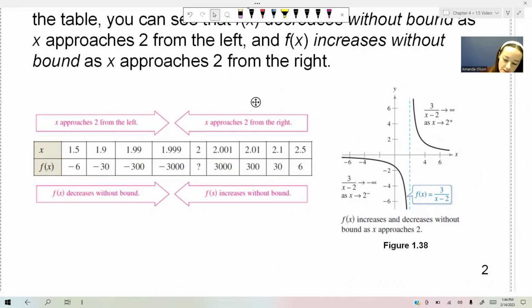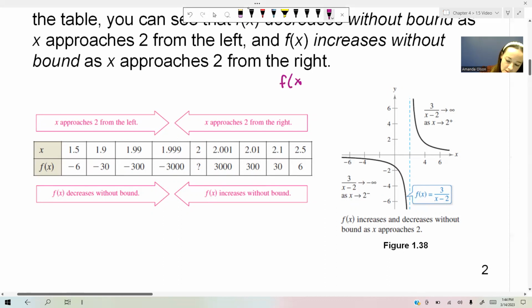So in this specific example, we're looking at the function f of x equals 3 over x minus 2. And we're considering what happens as x approaches 2 from the right. So we could make a table of values or we could make a graph, but what we see happening is that my function output values are going to increase without bounds.